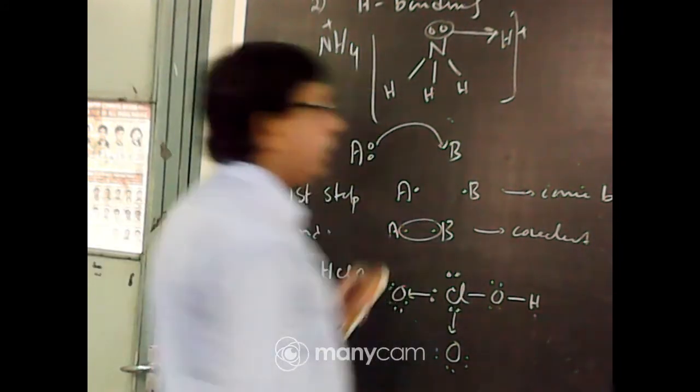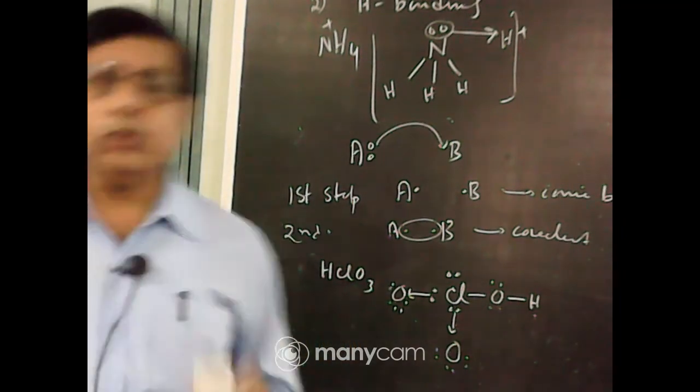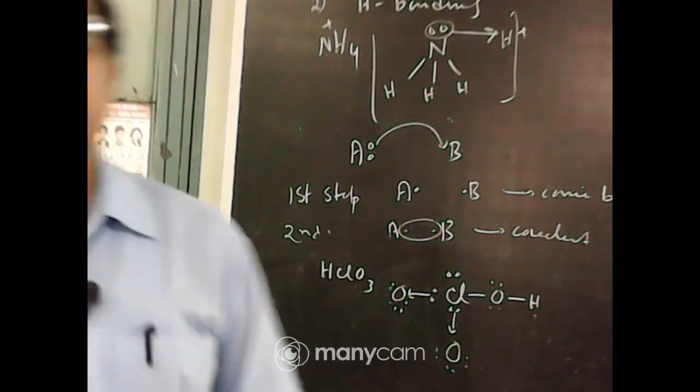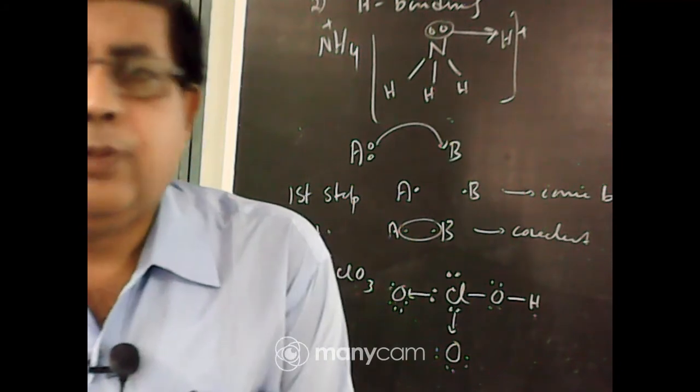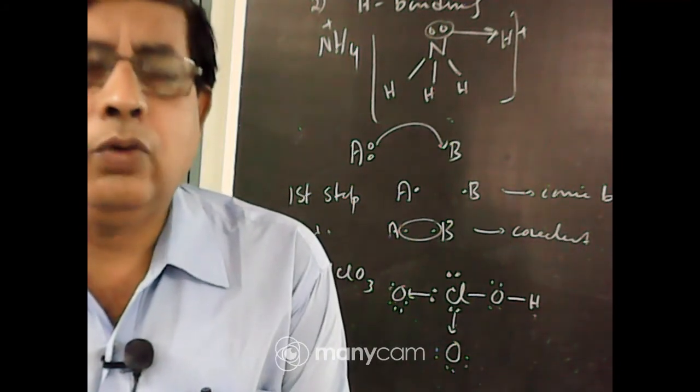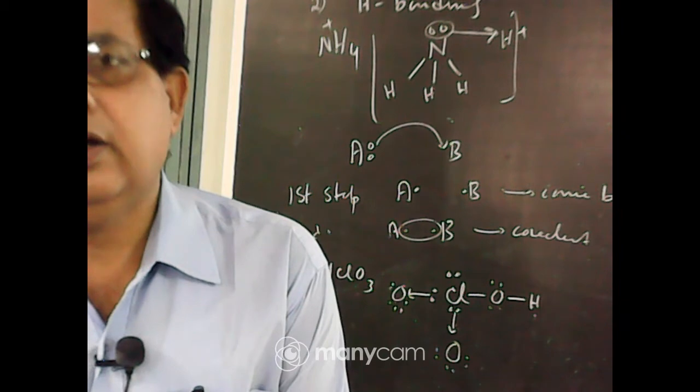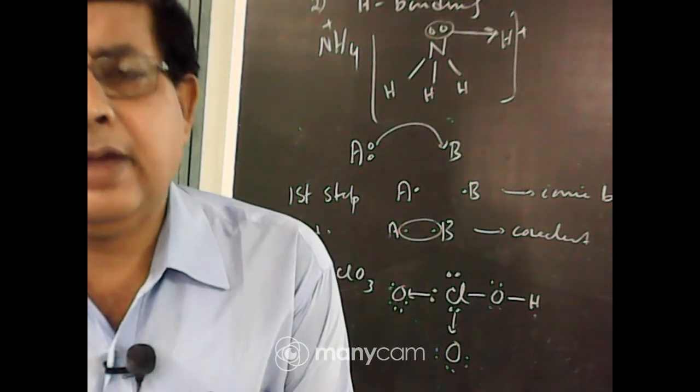So a coordinate bond is formed by the unequal transfer of electrons from donor to acceptor. For the formation of a coordinate bond, one atom must have a lone pair of electrons and another atom must have a vacant orbital.